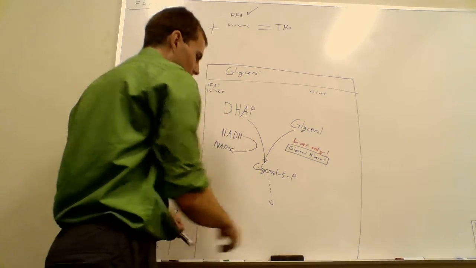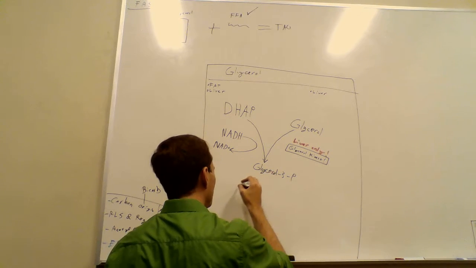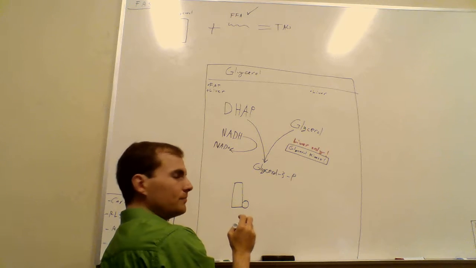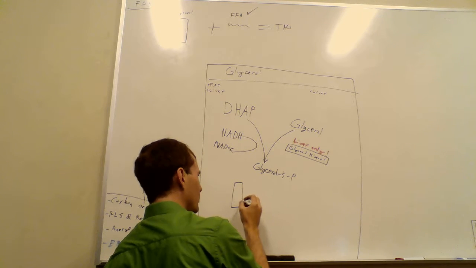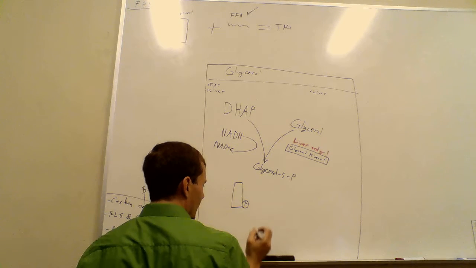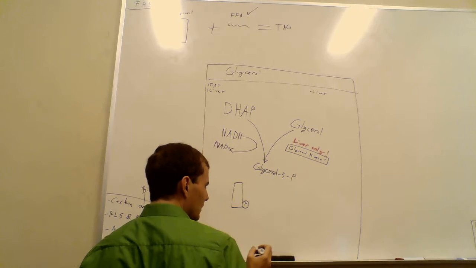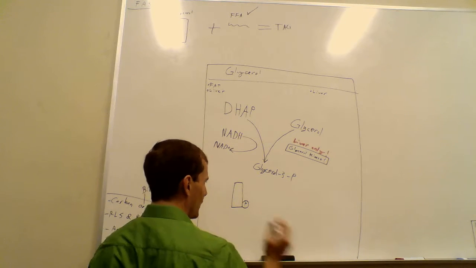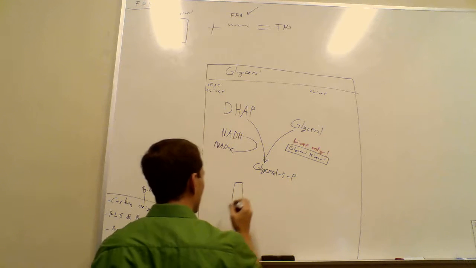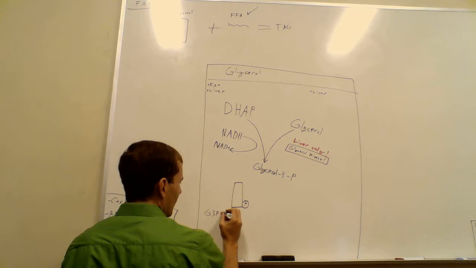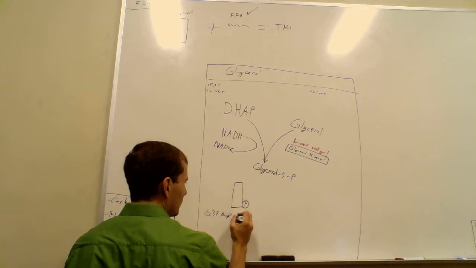All right. Now, once we have glycerol 3-phosphate, I'm going to go ahead and represent glycerol 3-phosphate in picture form for the rest of this. That's glycerol 3-phosphate. First, second, and third carbons. And we are going to take glycerol 3-phosphate and use G3P acyl transferase, which is an enzyme.